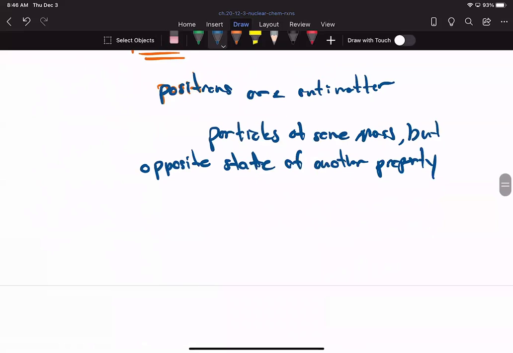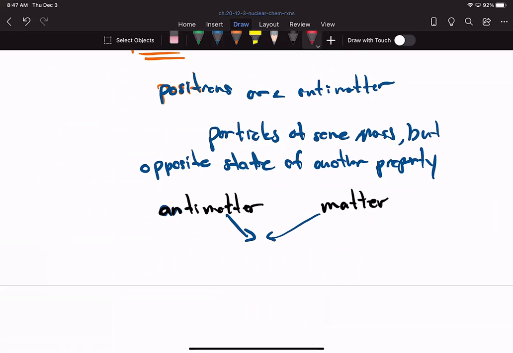So something happens when antimatter meets matter, right? The whole world blows up. No, I'm just kidding. Something happens when matter and antimatter meet, this produces something that we call gamma rays.